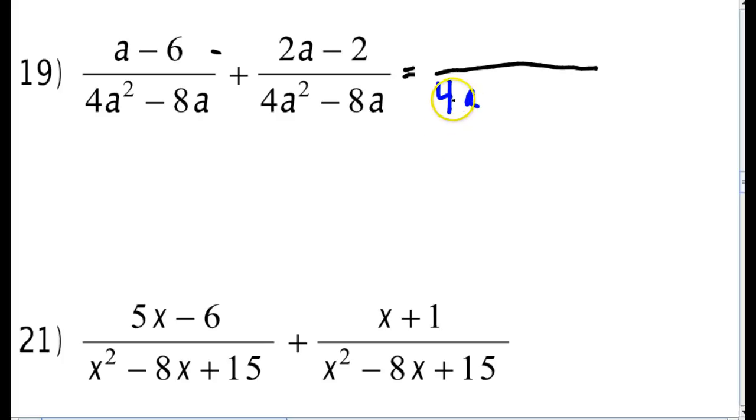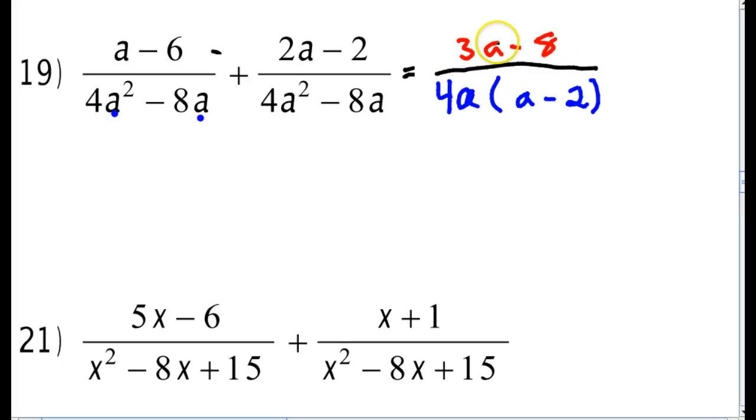Right? Did you do 4 and not the a? Gotta do both. There's an a in both of them. So if you just take out 4 and not the a, that's the problem. So here we go. We get a what? A minus 2. On the top, let's see what we get. 3a minus 8. Okay.